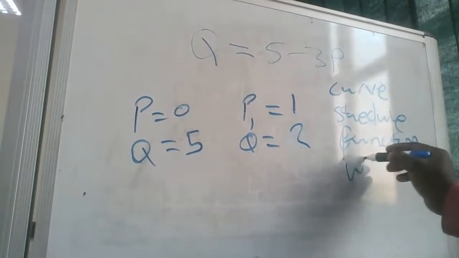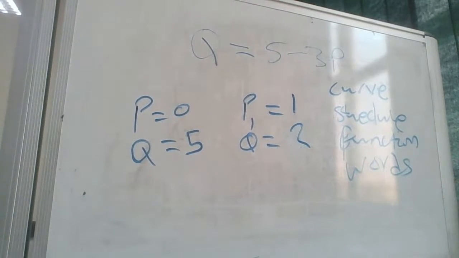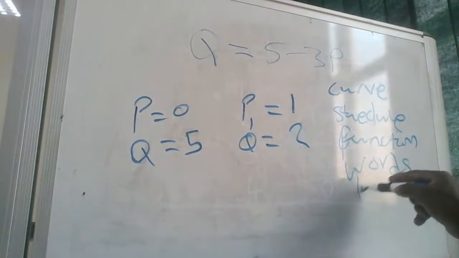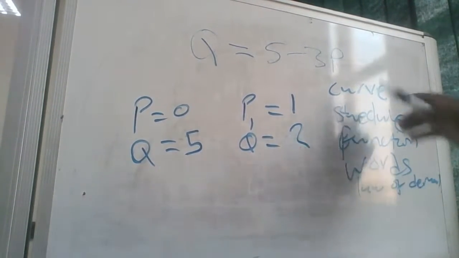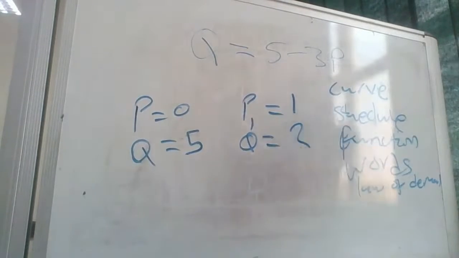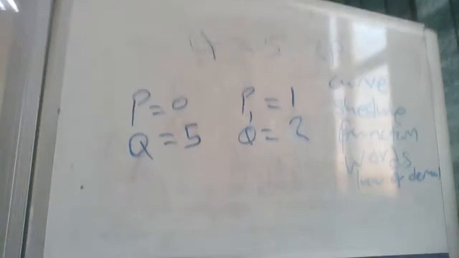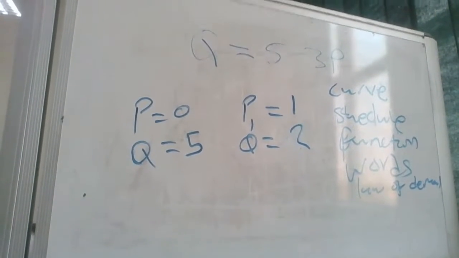The other way is just in words. You can describe your demand in words using the law of demand. So any of these that you use, you will be able to show that inverse relationship between the price and the quantity demanded of an item or of a commodity.